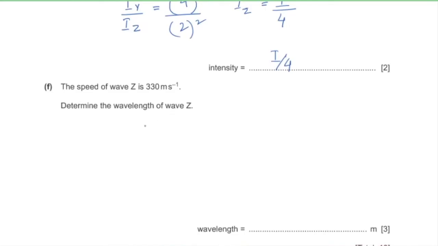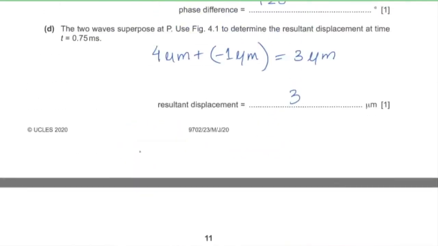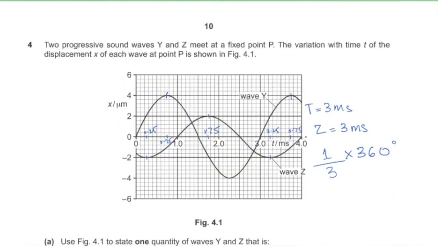Part F, the speed of wave Z is 330 meters per second. Determine the wavelength of wave Z. So speed is equal to frequency into wavelength, where frequency is equal to 1 by time period. Time period of wave Z is what? So wave Z has a time period of 3 milliseconds.